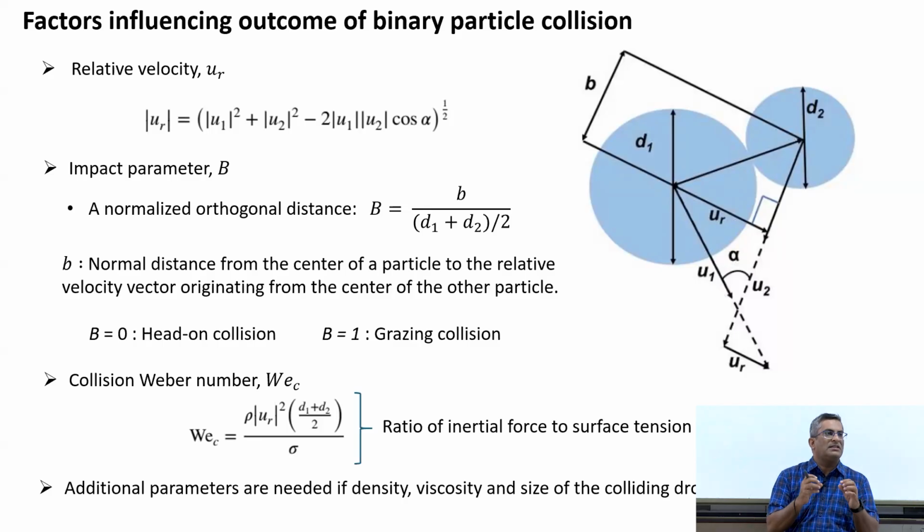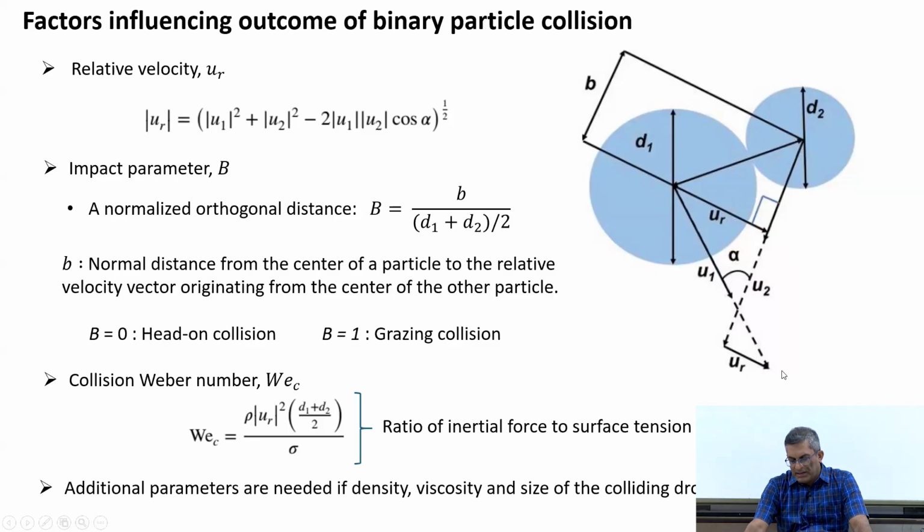It is not only the relative velocity but also the impact parameter, which is basically a normalized orthogonal distance. This parameter B is normalized by the average size of the two particles. If the particle sizes are the same, then the denominator is the size of the particle. What B is, you can see here, this is B.